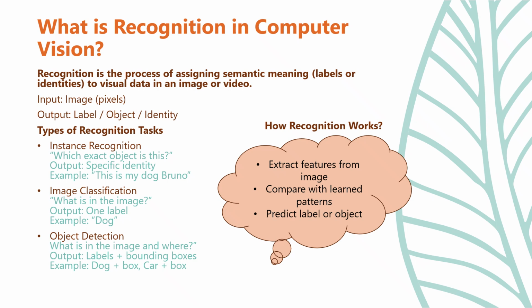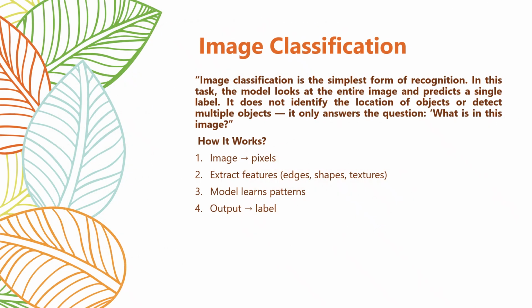But if we want to find a location, like where the dog is present and where the cat is present in an image, then there comes the object detection part. So how recognition works is it extracts features from the image, as I said, and compares them with learned patterns. Then it will predict the label and make the bounding boxes.